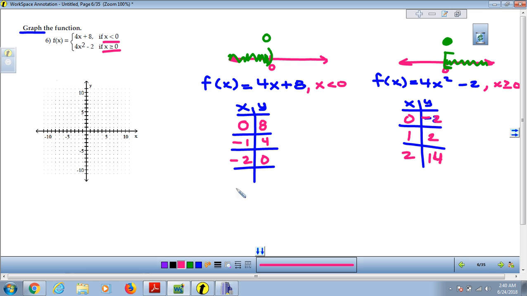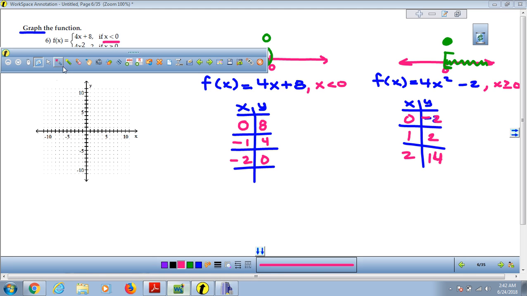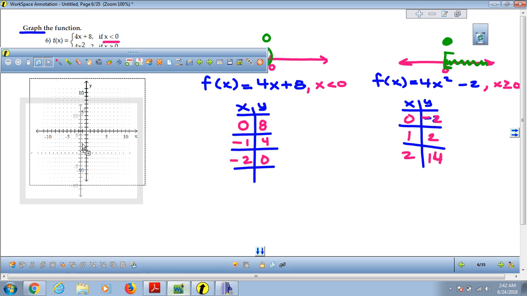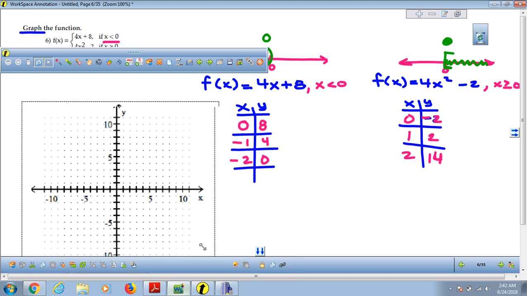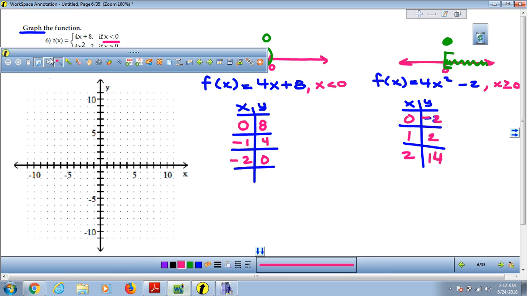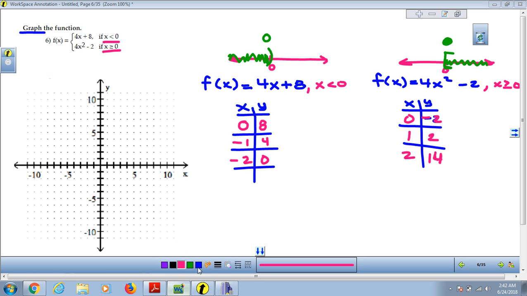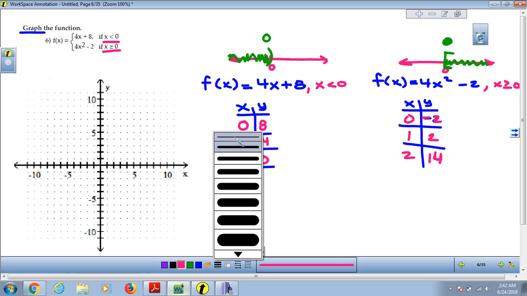Okay. So then what we do is plug the numbers here. I can make this one bigger, and then make this a little bit smaller.